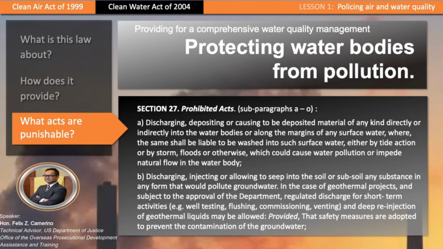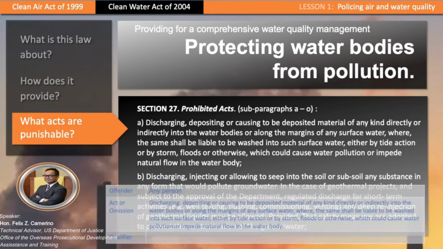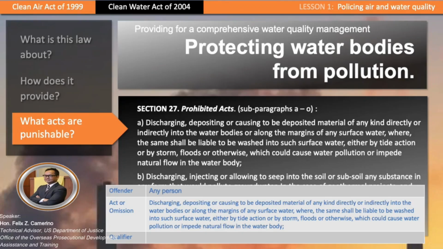But nonetheless, we're still going to do it for the Clean Water Act. We're going to do at least two, and then the rest, since there's quite a bit of them, I'm going to leave to you to play with on your own. Okay, so that said, let's take a look. Let's go ahead and focus on the first one, subparagraph A, which talks about discharging, depositing, or causing to be deposited.